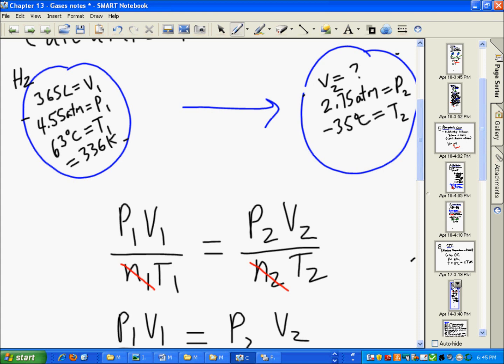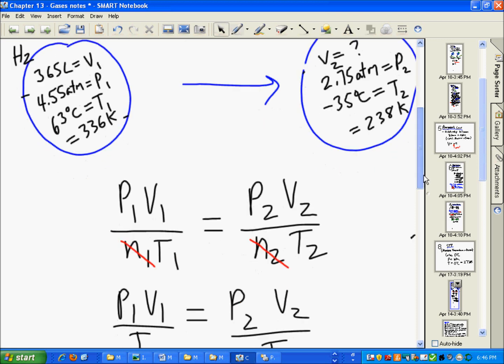Okay, and add 273 to negative 35. Or take 273 and subtract 35 from it. 238 kelvins.